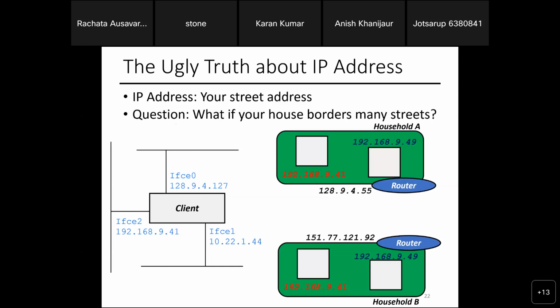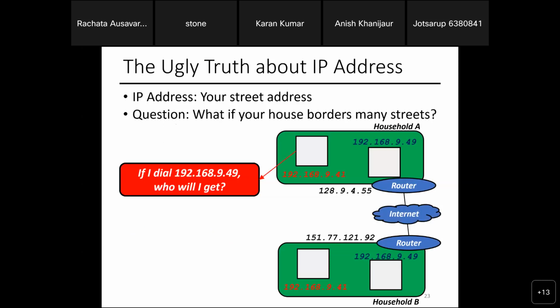So in this case, the router has a different IP address. And when you connect to the internet, if the machine in household A dials 192.168.9.49, the first thing I do is try to see inside my own network, is there any machine with that IP?